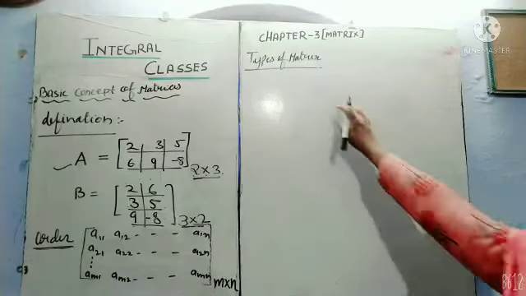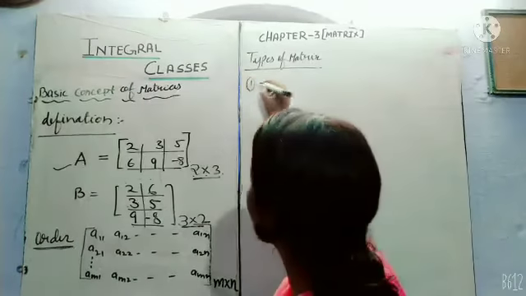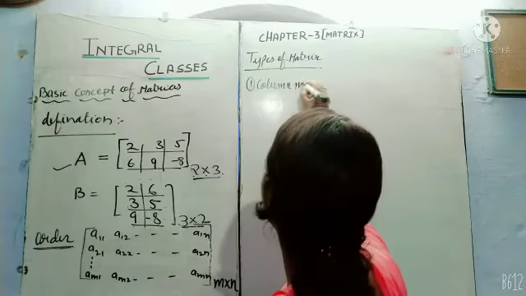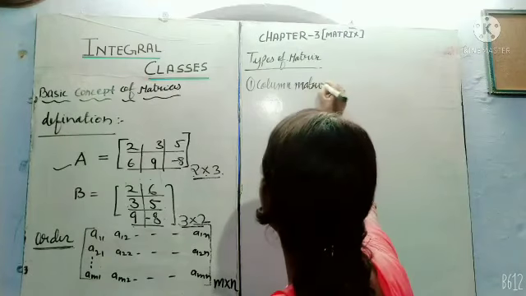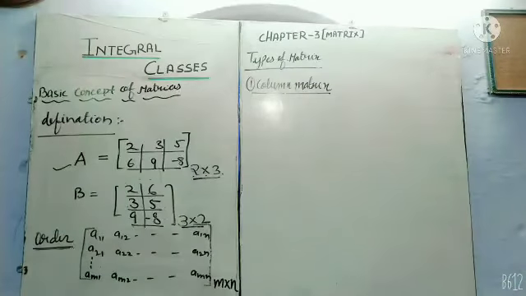The next topic is types of matrix. First is the column matrix. In a column matrix, students, there is only a single column.